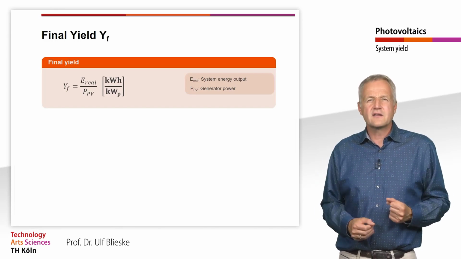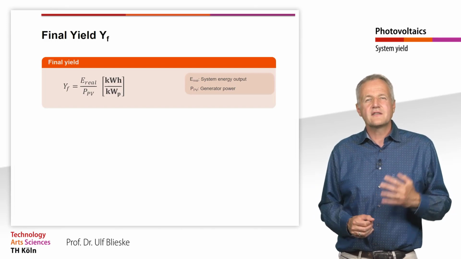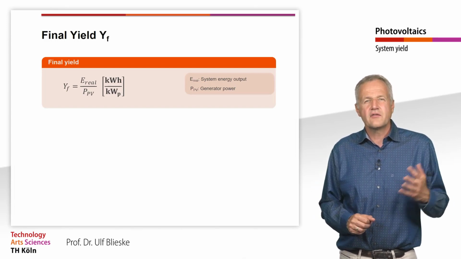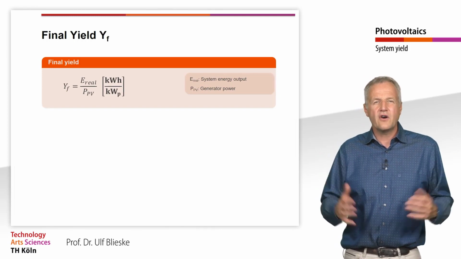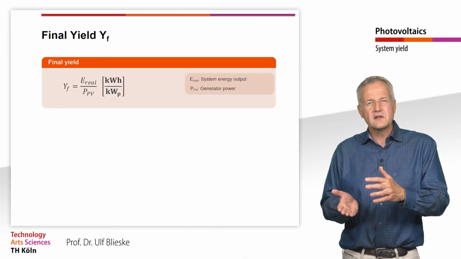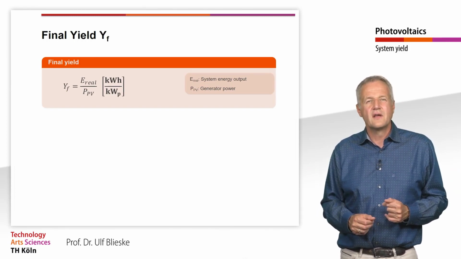The final yield thus indicates the number of hours that the PV modules would need at their rated power to achieve the real annual yield. The final yield is strongly dependent on the location. It can be used to compare system yields at different locations regardless of their size.